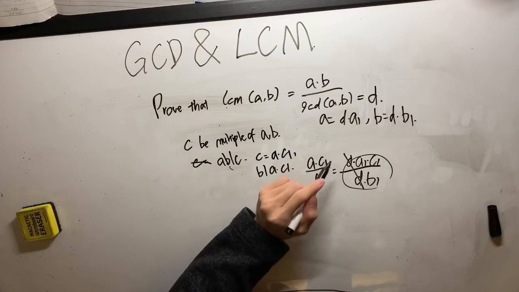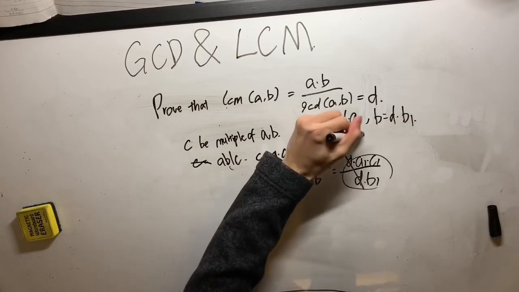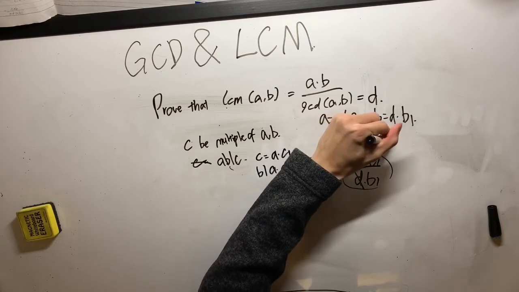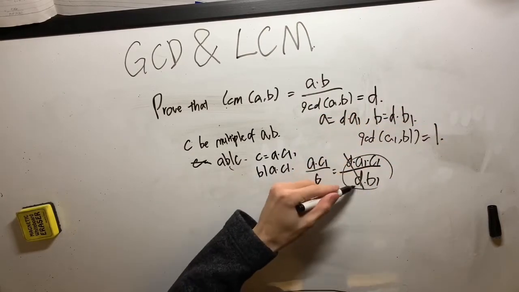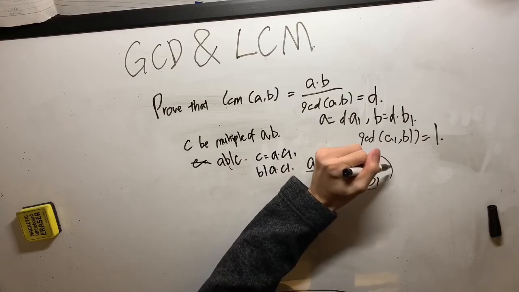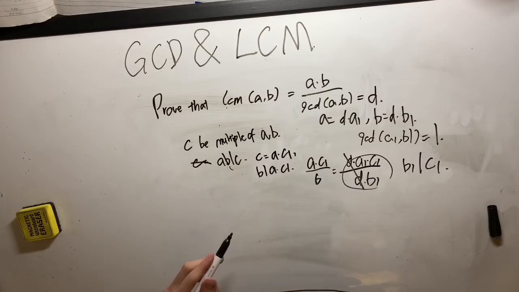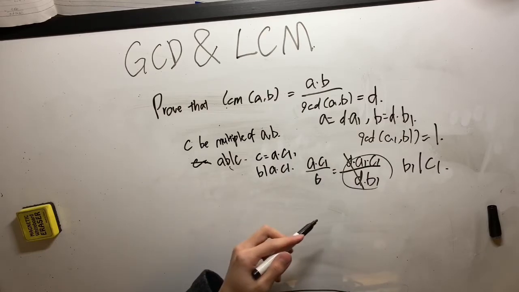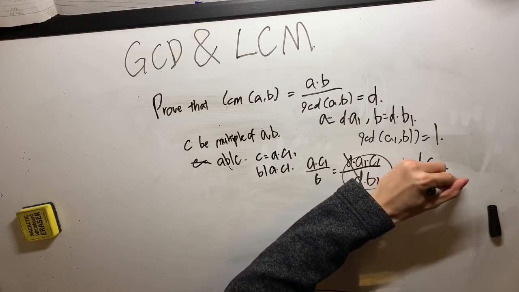However, as we learned from the properties, the GCD of A1 and B1 equals 1. So it follows that B1 divides C1. Thus, C1 equals B1 times X.